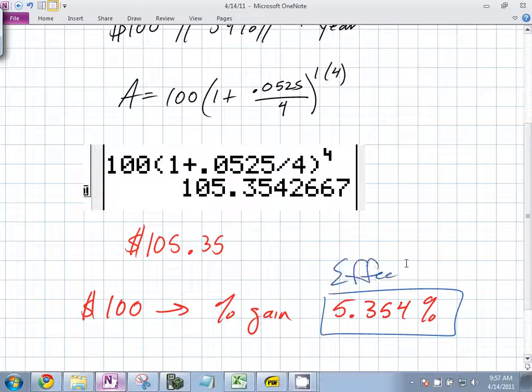Exactly. Meaning, what yearly interest rate would you have to receive to get the exact same amount of interest at the end of the year? That's the question you're answering.